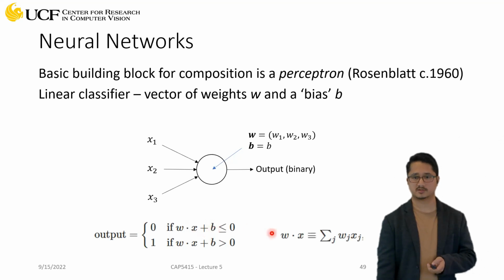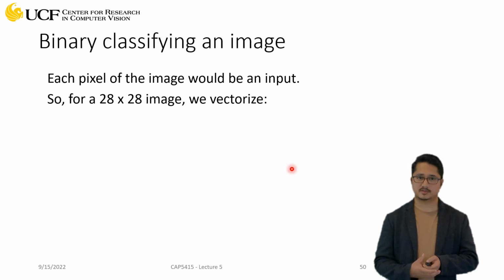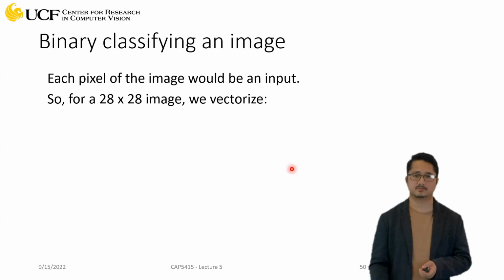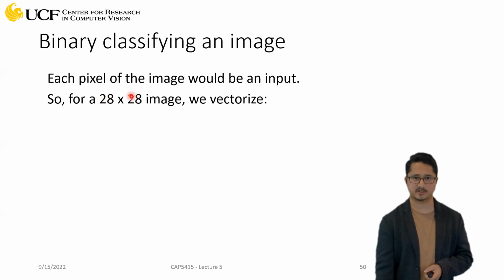This is a dot product again, as I said, a linear combination of different input signals. Now, to use this, let's take a simple example. Let's say we have an image of resolution 28x28, and this is a grayscale image. We can convert it to a vector.